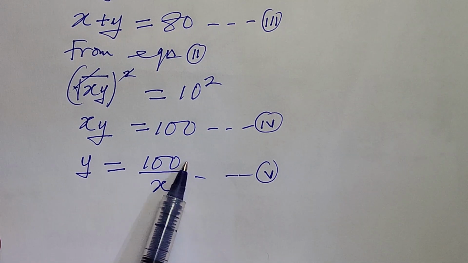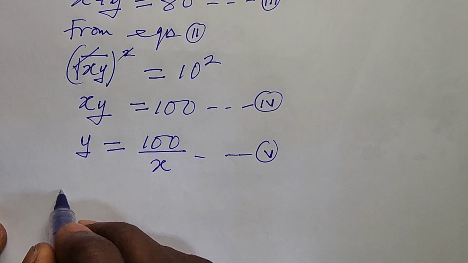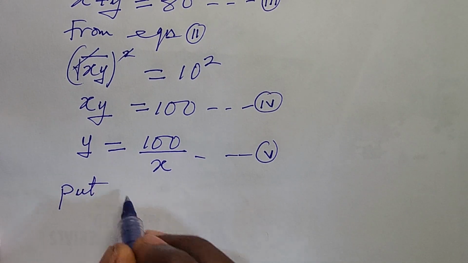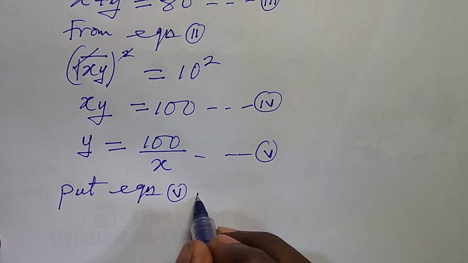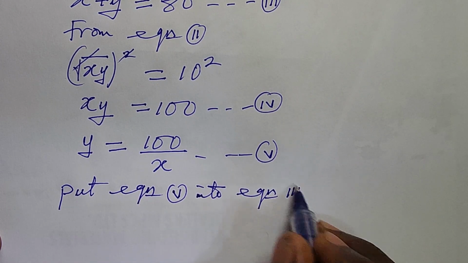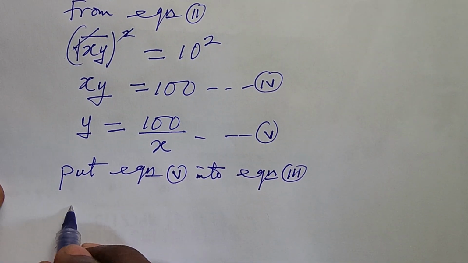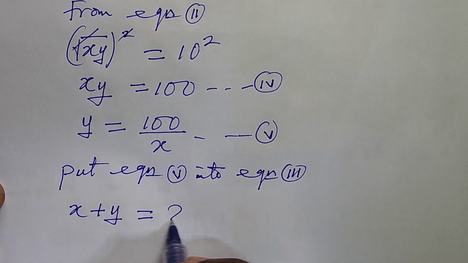So let's put equation 5 into equation 3. So our equation 3 is x plus y equal to 80.